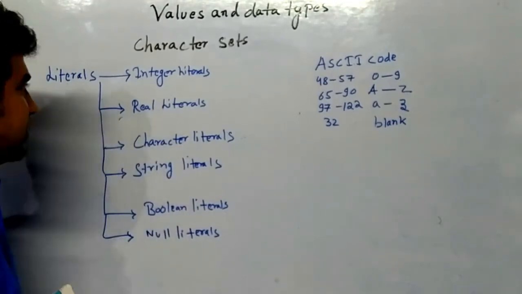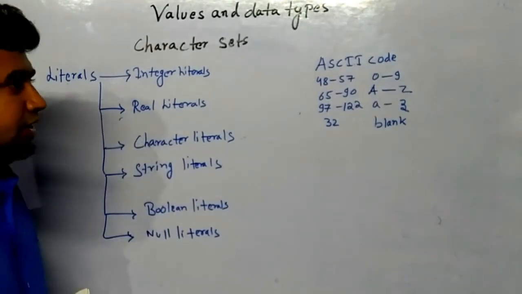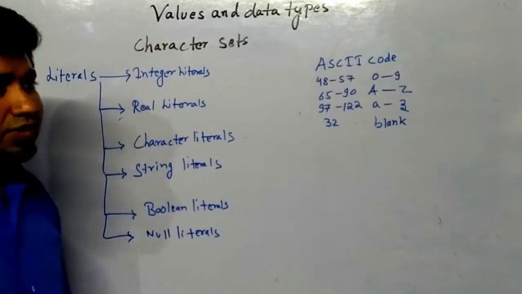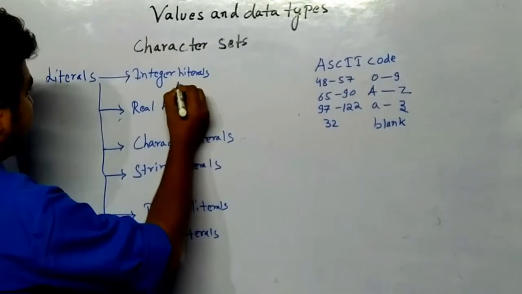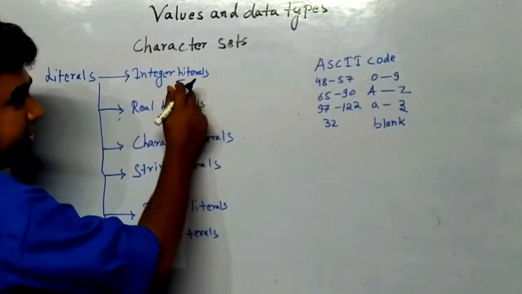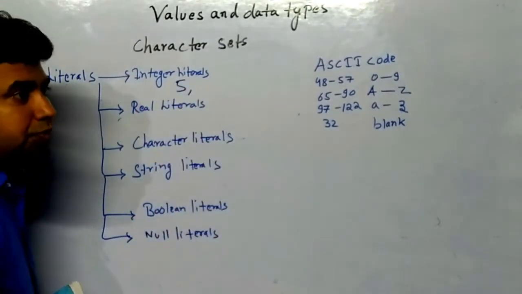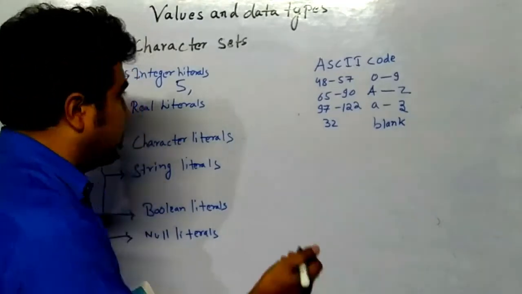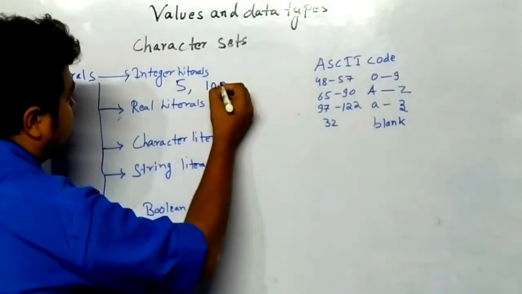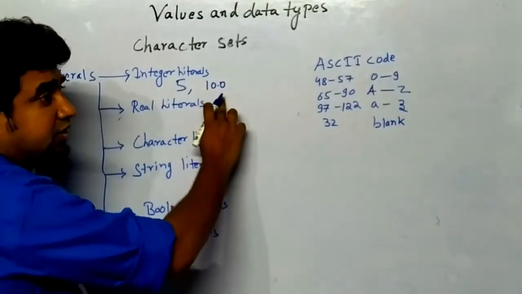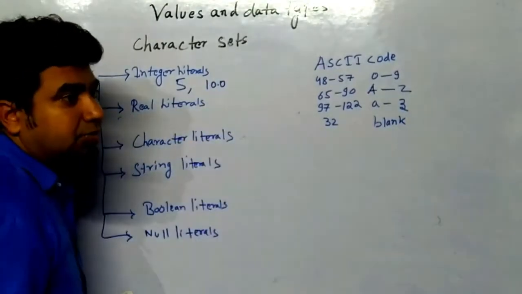Literals are basically, you can see, integer literals. Integer literals means it will not have any fractional part, like this 5 I am writing. It does not have any decimal part like 5.25 or 5.0. If it is like 10.0, then it is not an integer literal, because it has a decimal part.